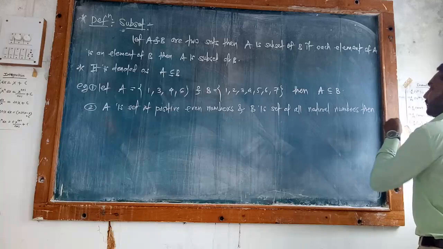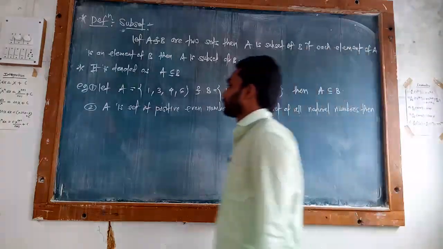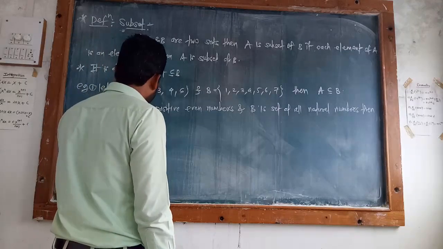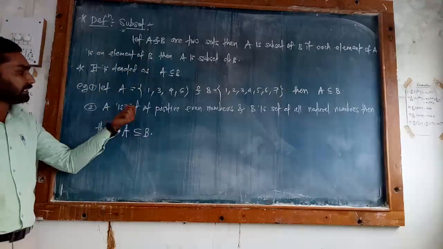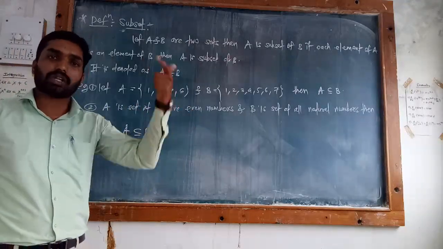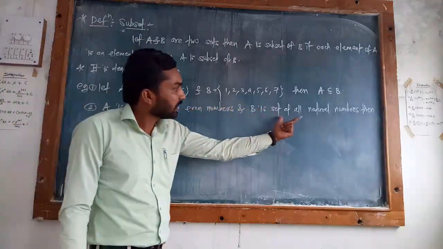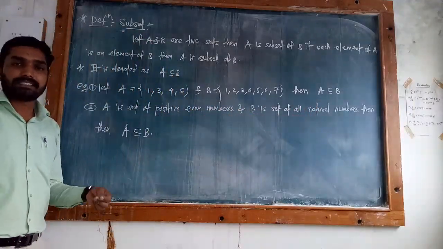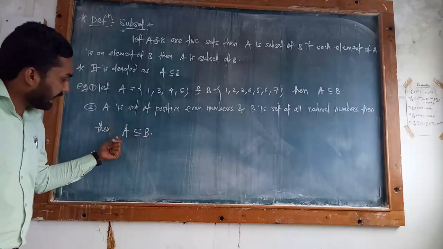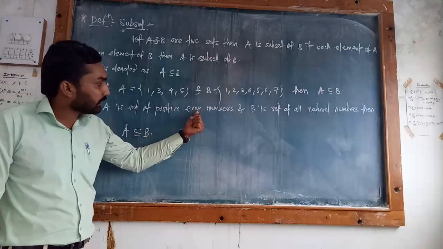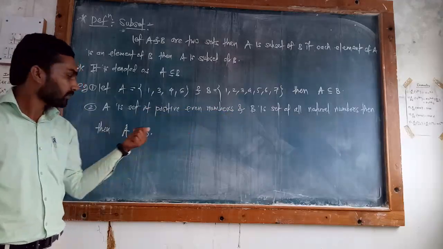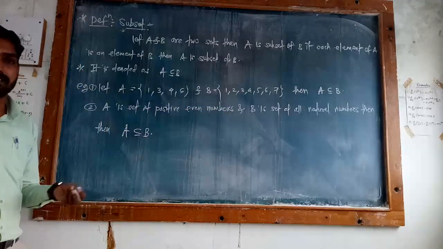Then A is also a subset of B. What is set A? It is the set of even numbers, that means 2, 4, 6, 8 up to infinity. What is the set B? The set of all natural numbers, that means numbers starting from 1, 2, 3, 4, 5, 6 up to infinity. So is A a subset of B? Yes, because an even number is also a natural number. So each element of A is an element of B. Therefore A is a subset of B.